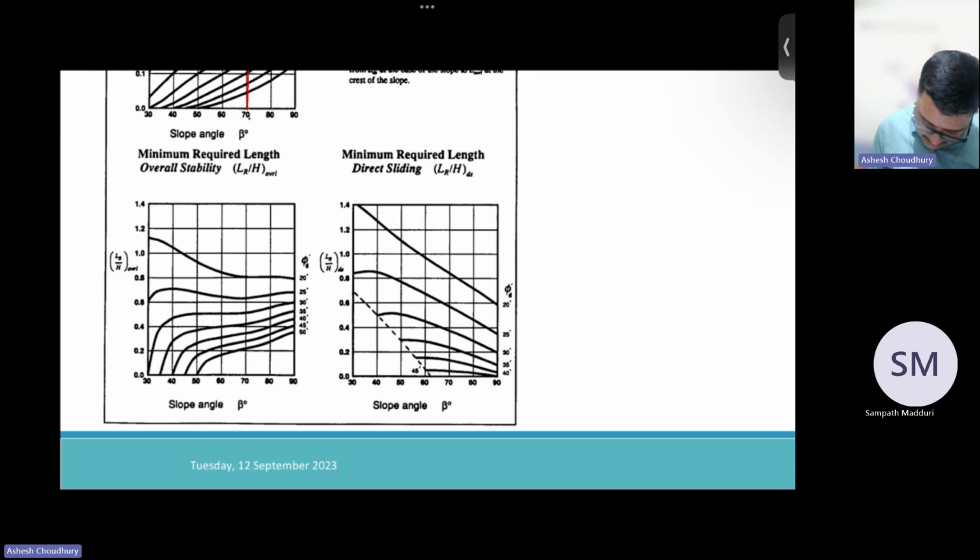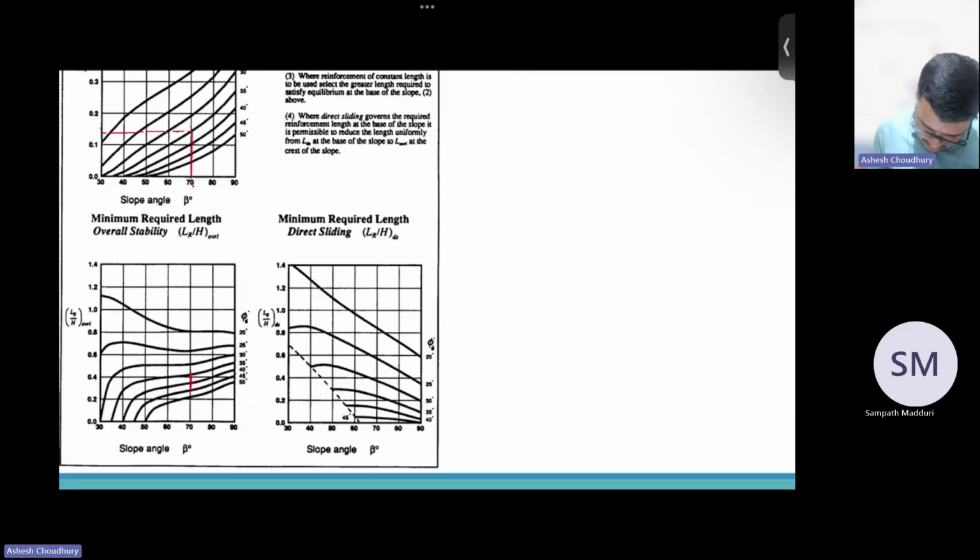For 70 degrees and 35 degrees, approximately let us take 0.41.